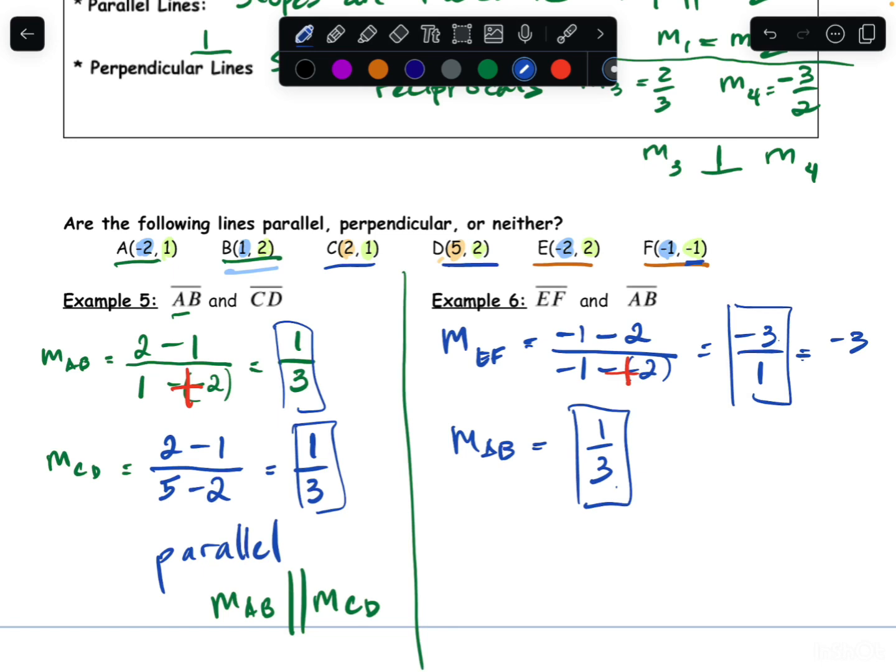So they're flipped, they're reciprocals, and one is positive, one is negative. So they are negative reciprocals, and therefore they are perpendicular, right? Okay, and you can also say that the slope of EF is perpendicular to the slope of AB.